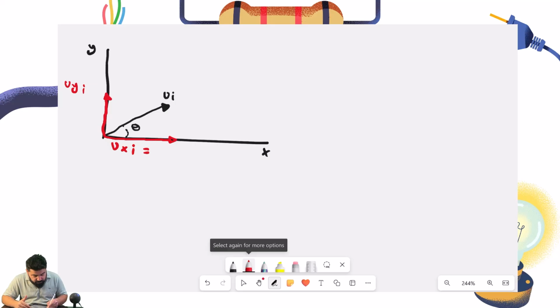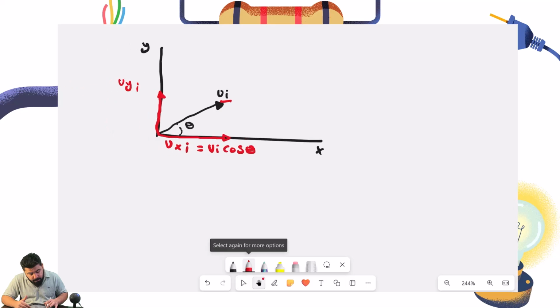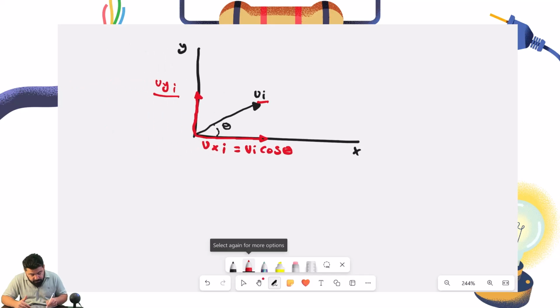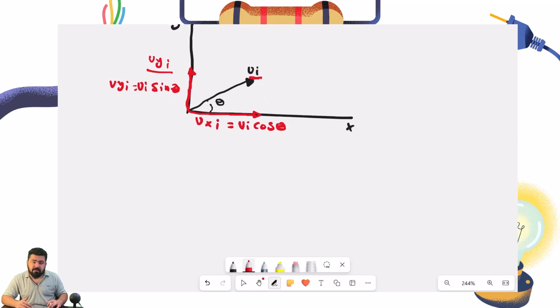So vx initial is equal to v initial multiplied by cosine theta. Now vy initial is equal to v initial multiplied by sine theta. I think you remember this from vector analysis.